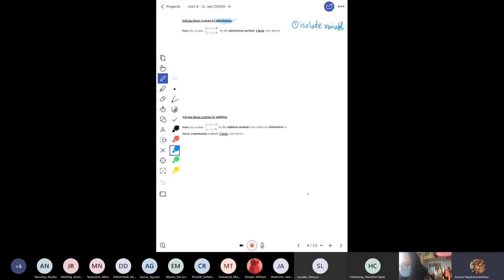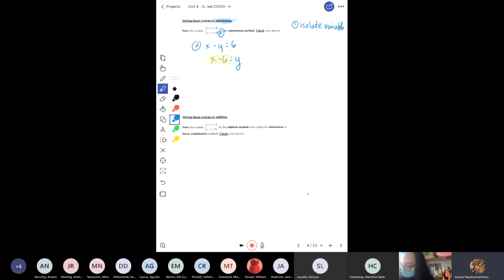Sometimes it isn't. I personally would look at the second equation and I would say, ooh, I could easily move the y over to the right-hand side of the equation and the 6 to the other side of the equation and isolate the y. So I have solved for y in the second equation. Once I know what y is, this expression, it's equal to x minus 6.